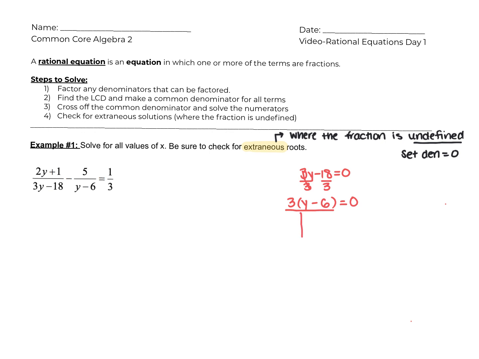And then I can do a little t-chart. 3 equals 0, I can reject. And y minus 6 equals 0, I can solve. So we can add 6 on both sides, and we get y equals 6. If we get y equals 6, that makes the function undefined, and then we would have to reject it.